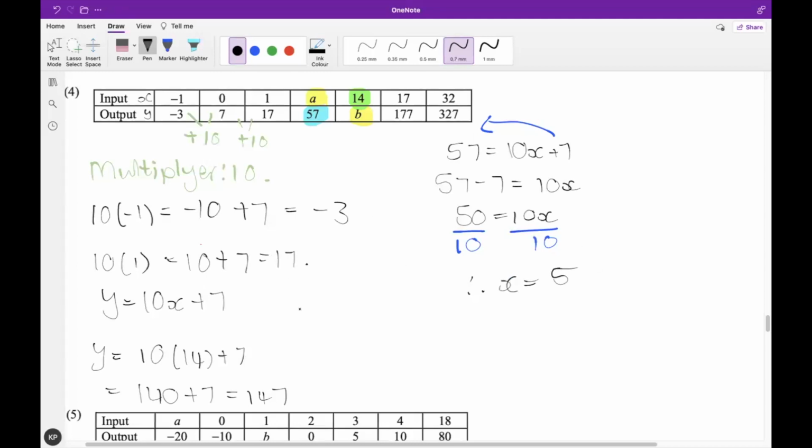Now, just to be technical about it, remember to go back here and say B is 147 and A is 5, because they gave us specific variables to use. Okay. They gave us very specific variables to use.